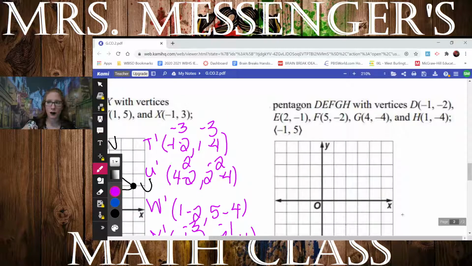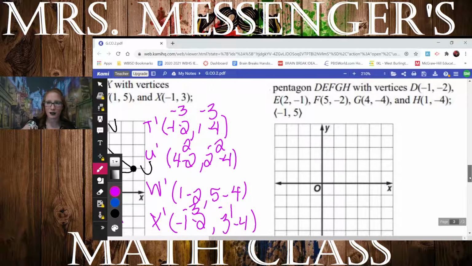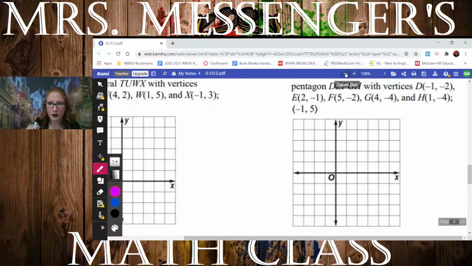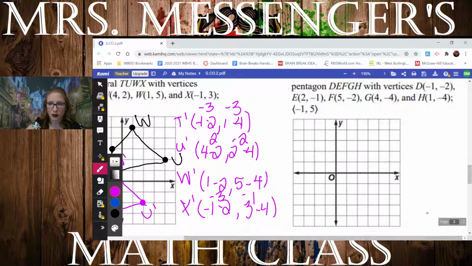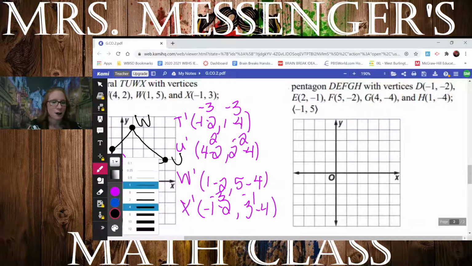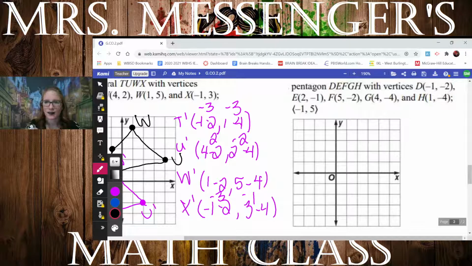Okay, let's go ahead and do pentagon DEFGH. I think I need to zoom out a smidge more. I hope I have enough room to write. Here goes. So first things first, let's go ahead and get our original points plotted because that's the easiest way to see what it looks like. So negative 1, negative 2. And 2, negative 1.